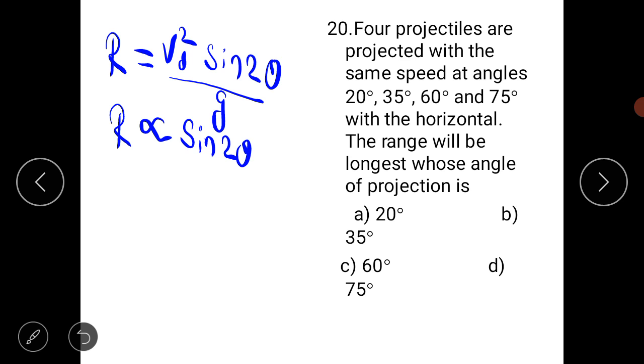Why? 35 into 2 is 70. 2 into 60 is 120, but 180 minus 120 is 60. 75 into 2 is 150, but 180 minus 150 is 30 degree. So option B, that is 35 degree, is the correct answer.